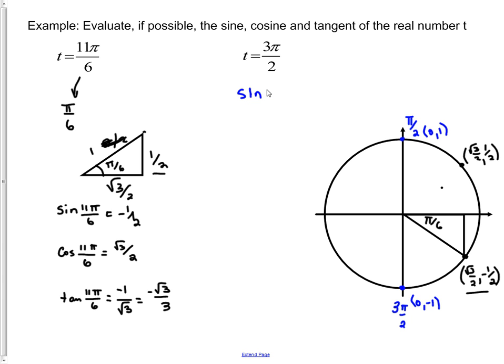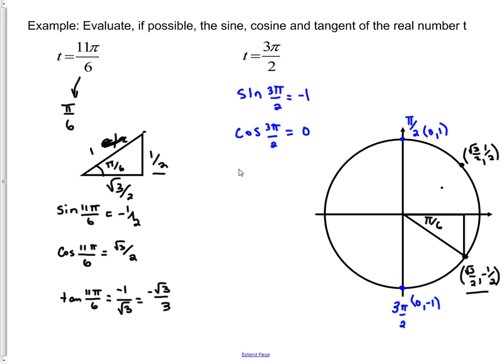which was equal to the y value, right? So our y value right here at 3 pi over 2 corresponds to a y value of negative 1. The cosine of 3 pi over 2 corresponds to the x-coordinate, and that's going to be 0 in this case.